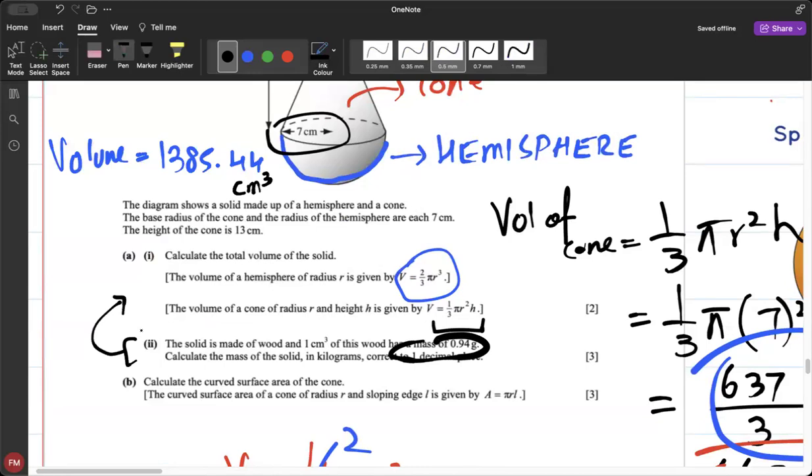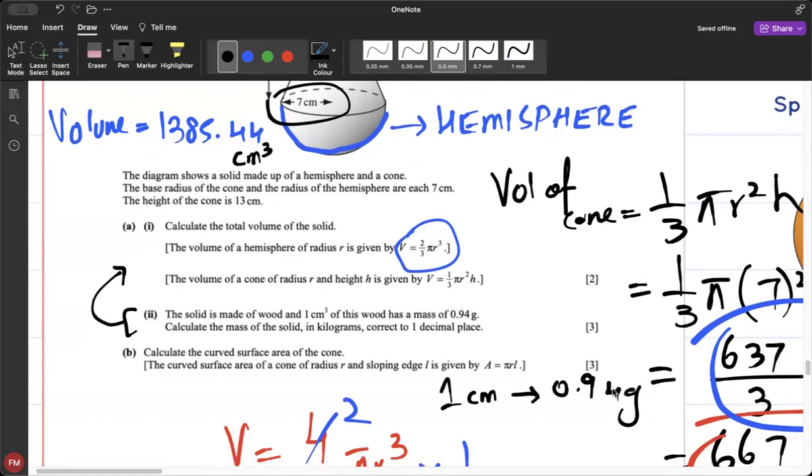So 1 centimeter cube has this much mass, 0.94 grams. How many centimeter cube do we have? 1385.